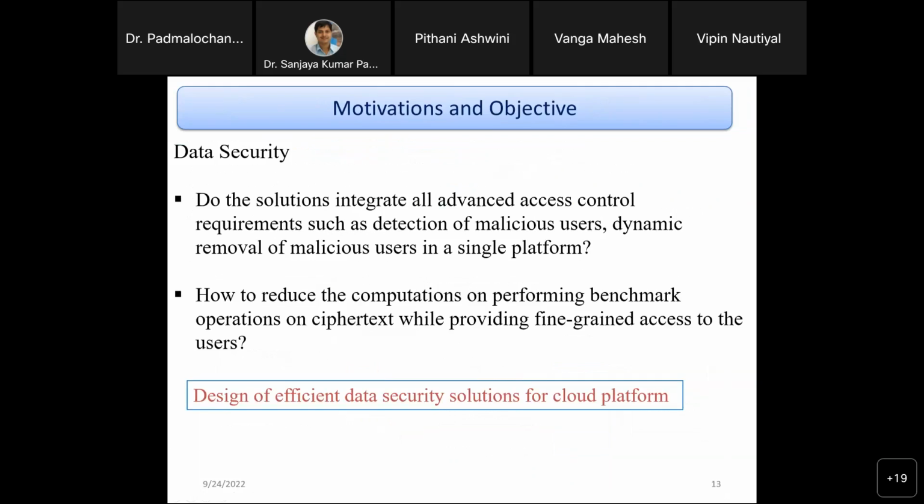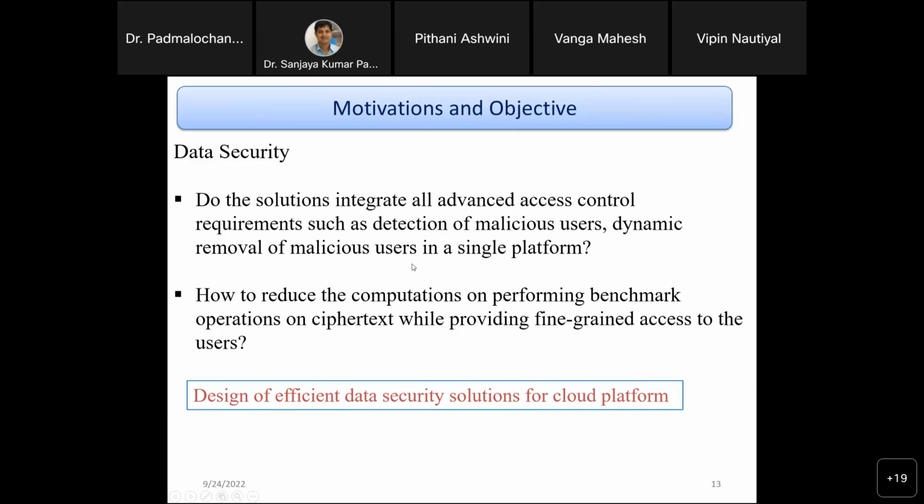Considering these two crypto systems, the main motivations for data security researchers are these: is there any solution that integrates all advanced access control requirements, such as detection of malicious users and dynamic removal of malicious users, in a single platform? Similarly, how do we reduce computations when performing benchmark operations on ciphertext while providing fine-grained access to the user?